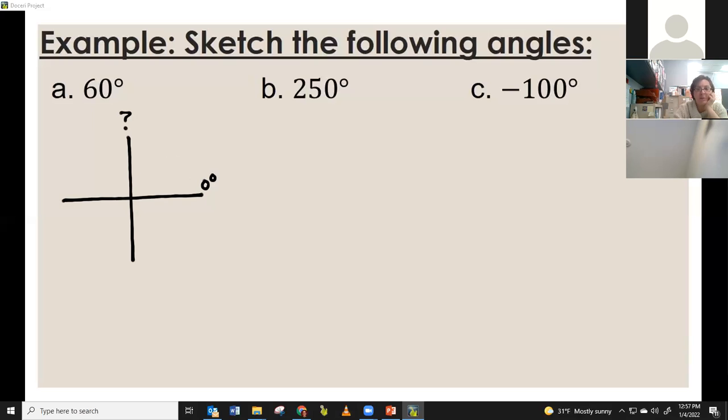What would be up at the top? 90 degrees. Thank you, Brendan. Right, what about if I were to rotate all the way over here to the negative x-axis? How many degrees of rotation would that be? Thank you, dear. 180 degrees.